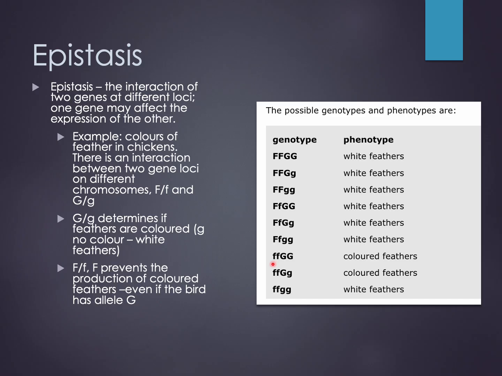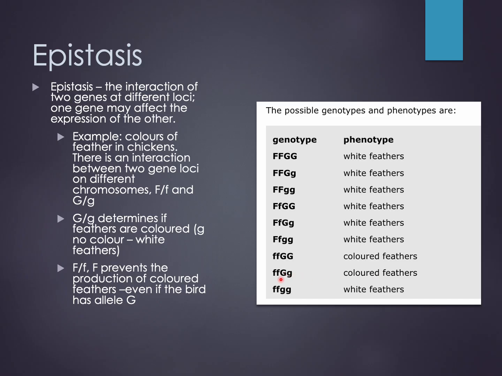So now we have to take into account the gene allele. In this first one, we have homozygous dominant, so we're going to have the colored chicken feathers, and they're able to be expressed because it's a recessive f here. This next one, again, you have heterozygous for the colors of feathers, so we're going to be able to see colored feathers.